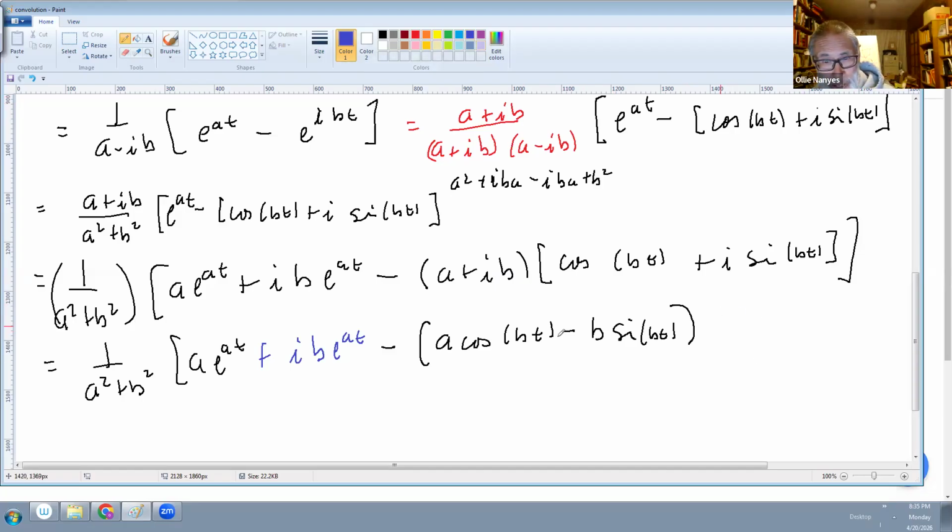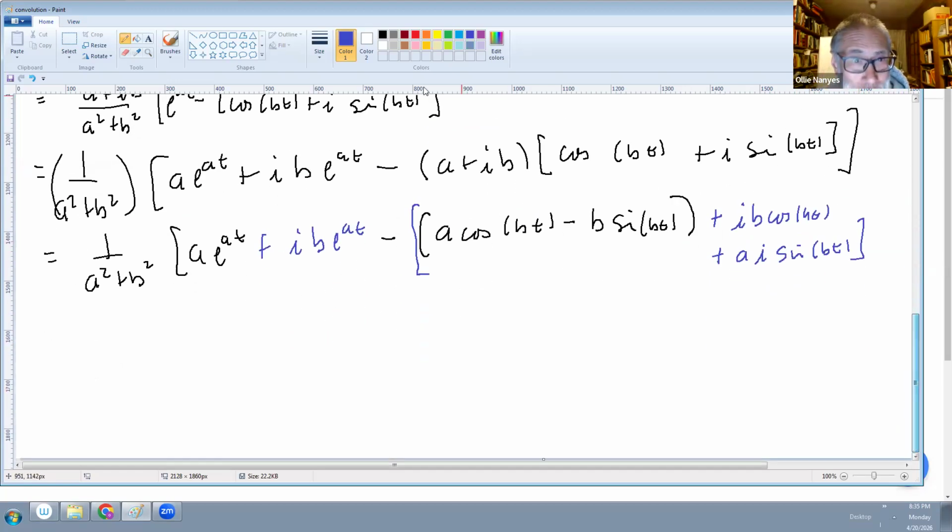So let's make sure we have all this in the parentheses. So we have plus i b cosine bt, and then we have plus a i sine bt. Now we're ready to split into real and imaginary parts.